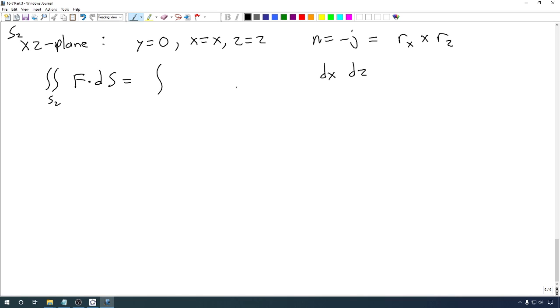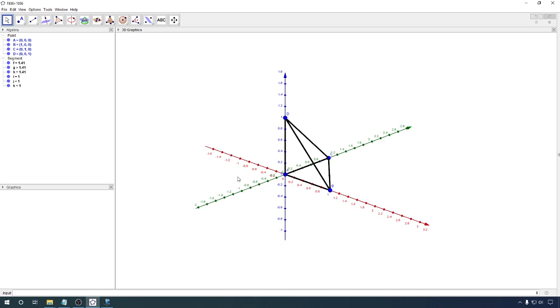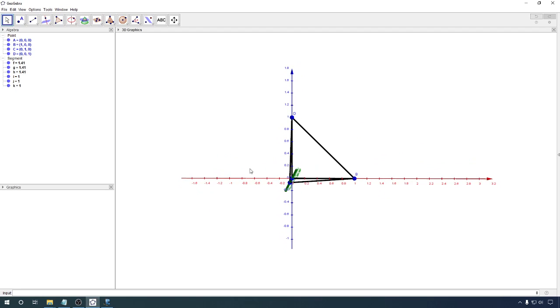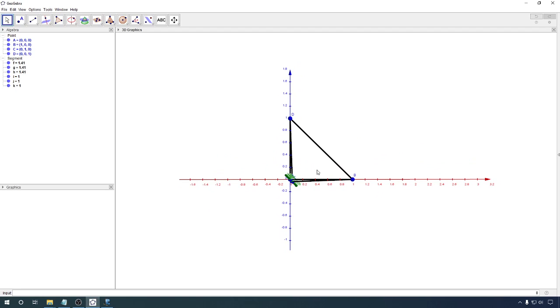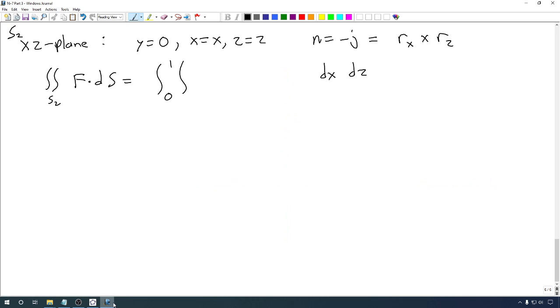So dx dz. Notice here that z is going from 0 to 1. And then when we look at this triangle, we're integrating over this triangle, z is going from 0 to 1, and x is going from 0 out to the line x equals 1 minus z.